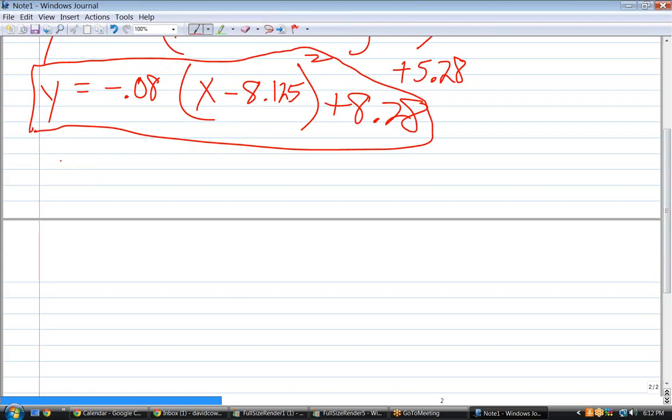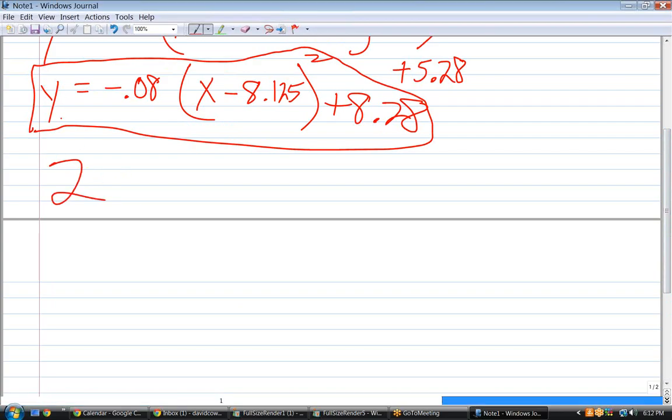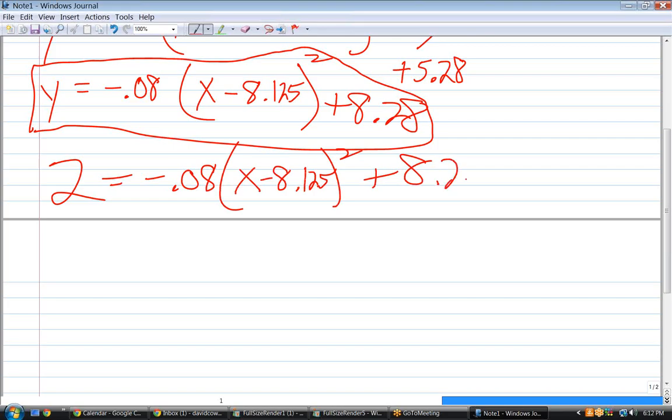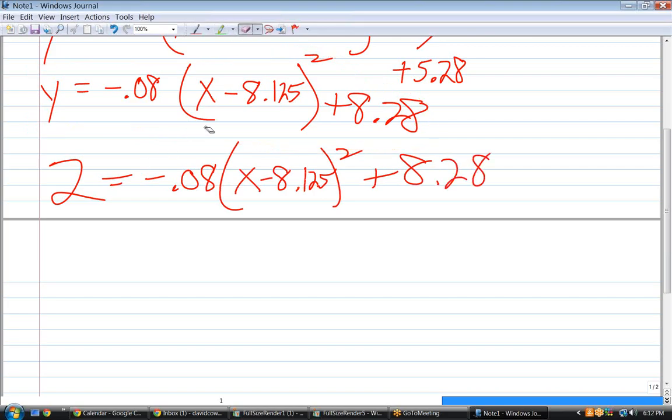So we're going to plug in 2 for y, because y is the height at any point in time: 2 equals negative 0.08 times (x minus 8.125) squared plus 8.28. How do we solve that equation for x? It's much easier solving this for x than it would be in standard format.